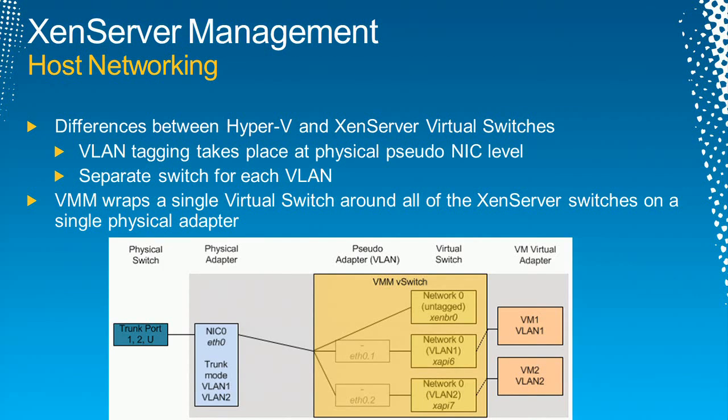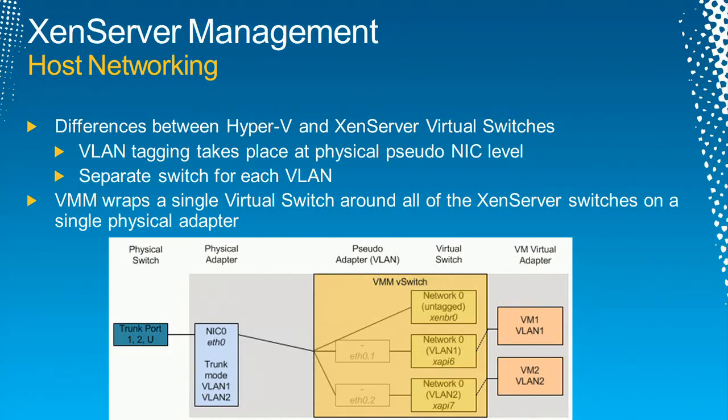So with Citrix, we talked about the best way to handle this. The solution is that we wrap a single VMM vSwitch around XenServer switches on a single adapter. So now, inside of VMM, the XenServer host looks like it has one switch.